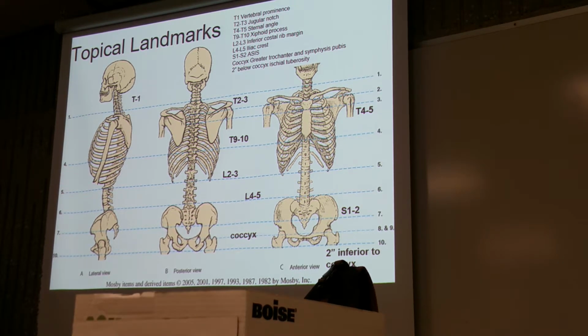The lower rib margin is at the level of lumbar 2 and 3. The top of your iliac crest is at the level of lumbar 4 and 5.